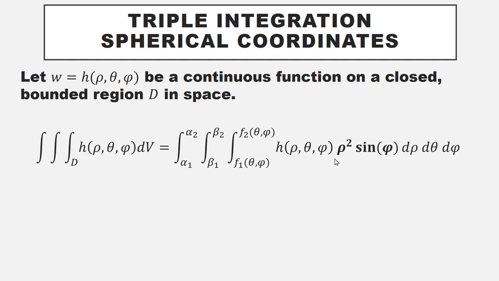So instead of inserting an r like I did in cylindrical coordinates, here I have to insert an extra rho squared times sine of phi. I think I misspoke earlier. That means rho squared sine phi. We always have to insert rho squared sine of phi when we integrate with spherical coordinates.